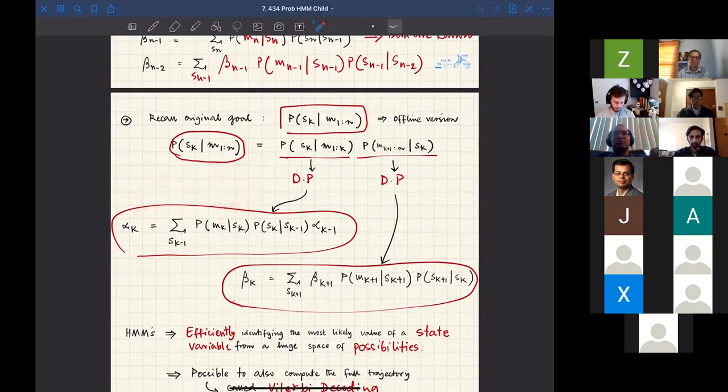Another way of thinking about it is evidence given hypothesis, which is the likelihood, is often easy. It's like, my hypothesis is that this is the distribution. I have an evidence, which is this value. What is the probability? That's typically easy.